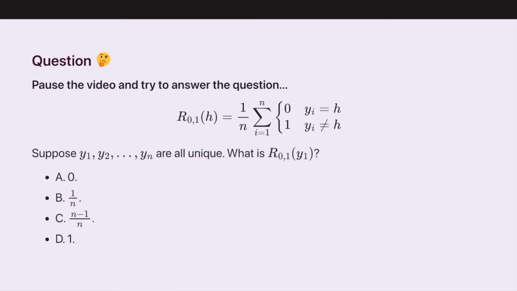So there's no duplicate values in your data set. What is the 0,1 loss for y1? And I suppose it could be for any y, but specifically for y1. So go ahead and pause the video for a little bit, and we'll then work through what the answer is going to be.